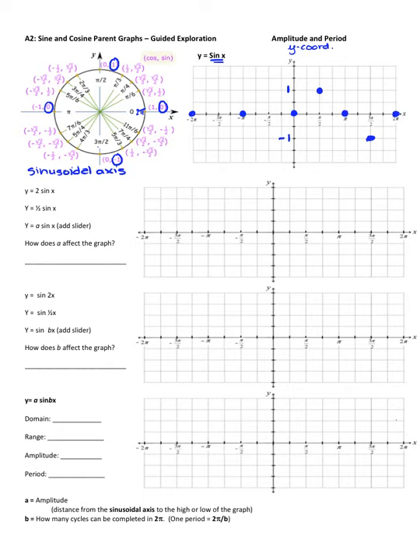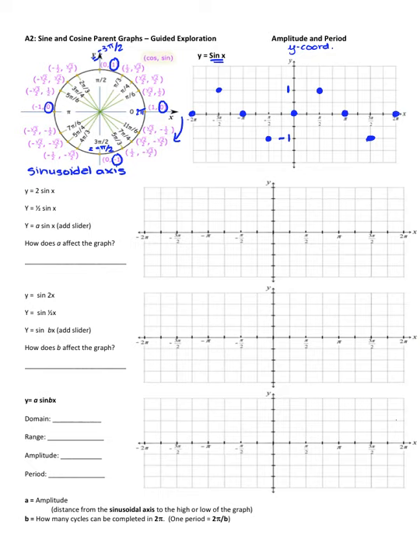And if I were to go in the reverse direction, 3 pi over 2 would be equivalent to negative pi over 2 going backwards. So at negative pi over 2, I'm at negative 1. And at negative 3 pi over 2, which equals pi over 2 going backwards, I'm at 1.